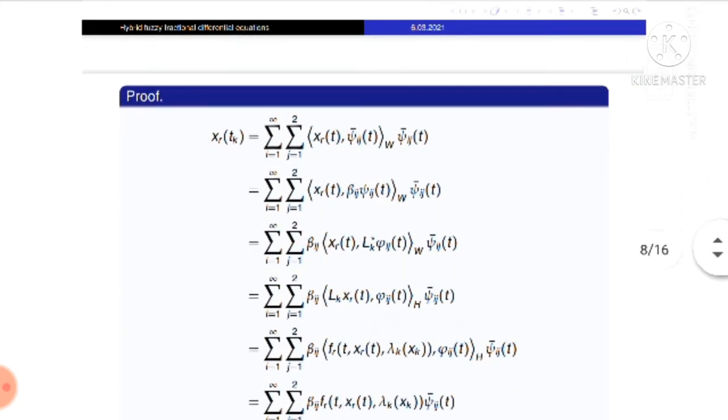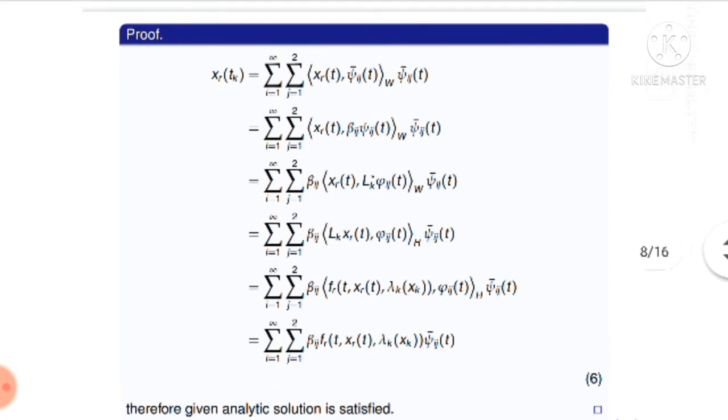xr(tk) equal to summation i equal to 1 to infinity, summation j equal to 1 to 2 of xr(t) ψ̄ij(t) ψ̄ij(t) goes to βij ψ̄ij. βij goes to the inner product, and ψ̄ij goes to Lk* ψij(t).